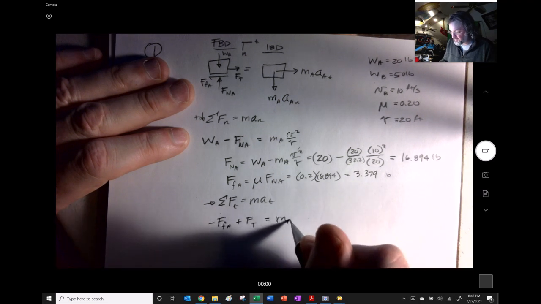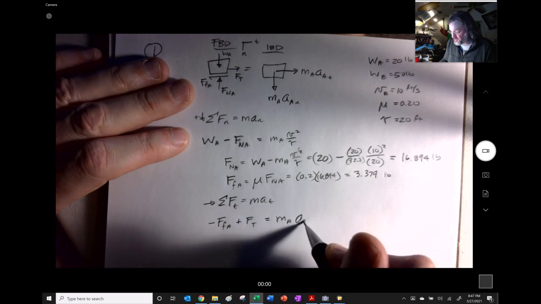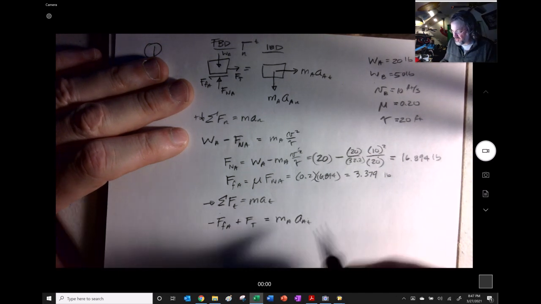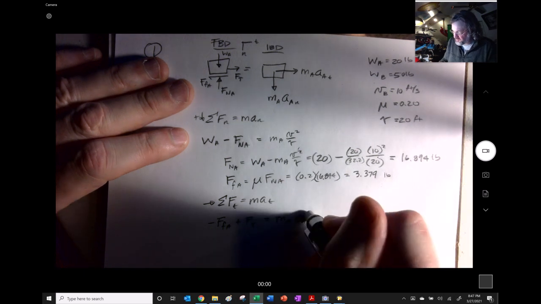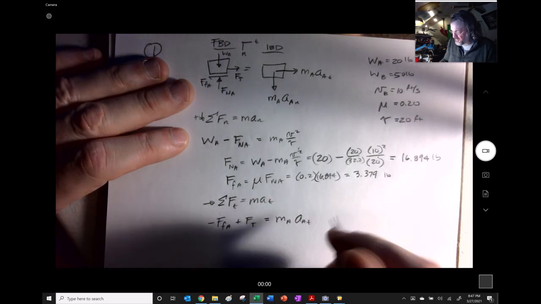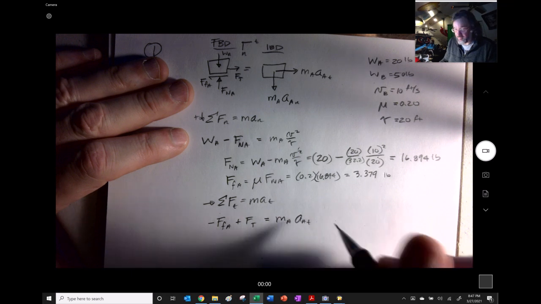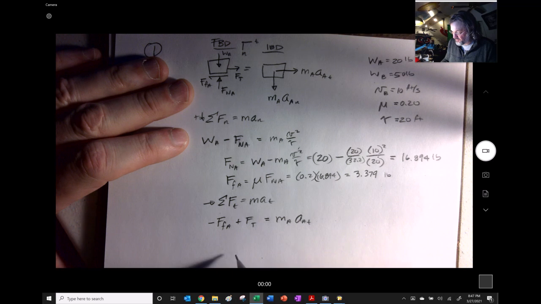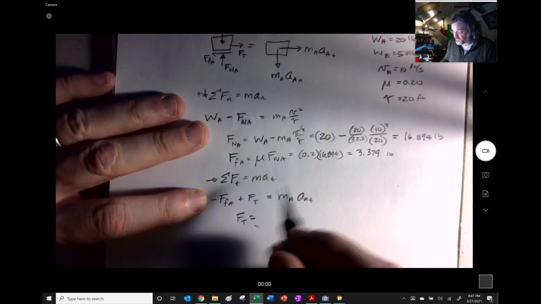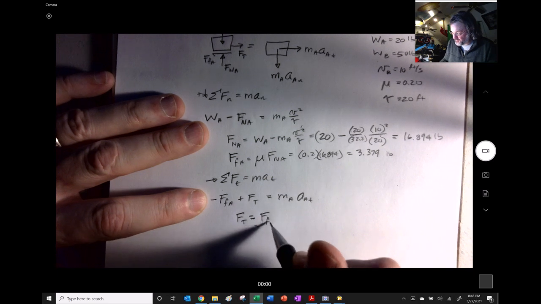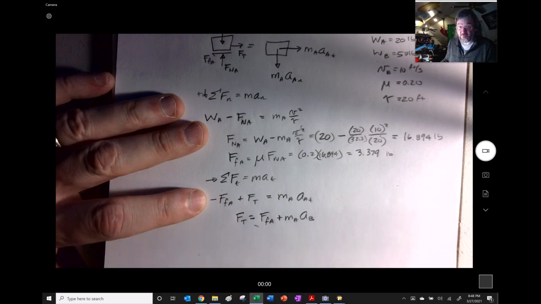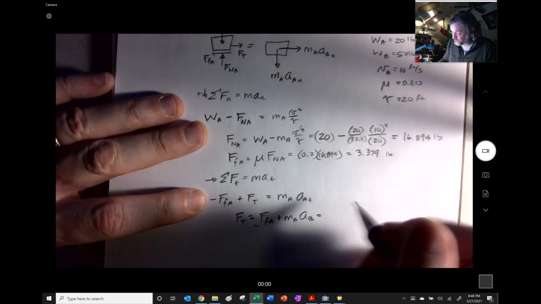There's going to be mass times acceleration in the tangential direction, which is equal to the acceleration of B, because they're connected by a cable.